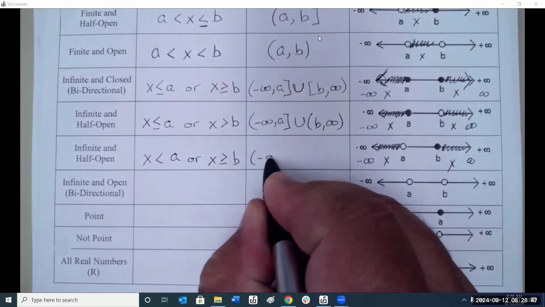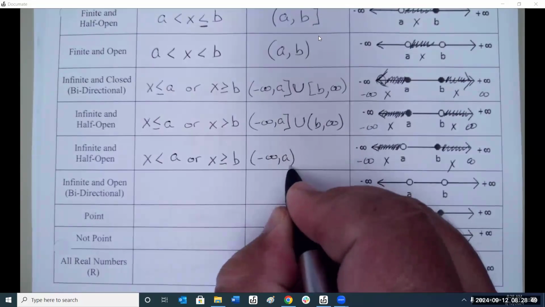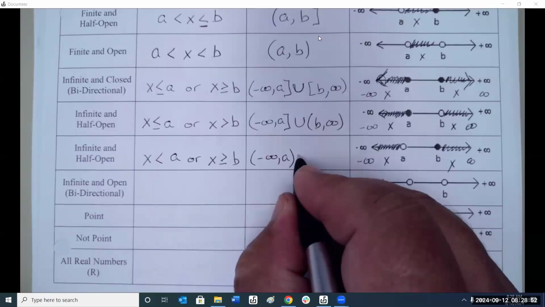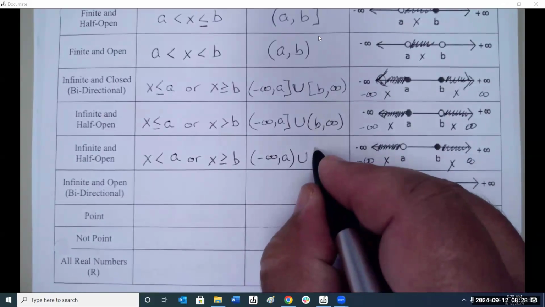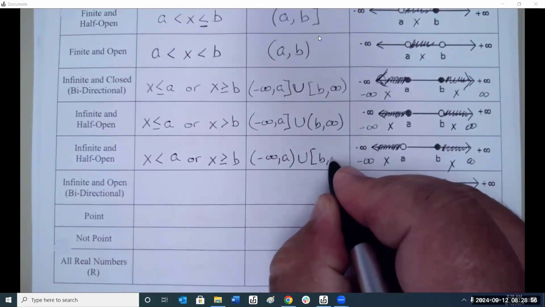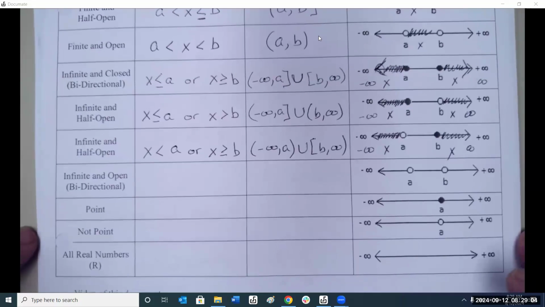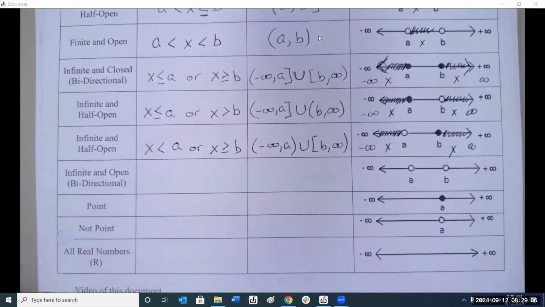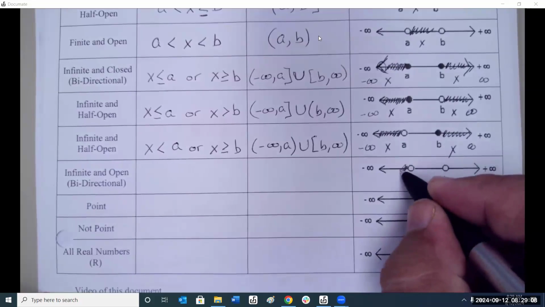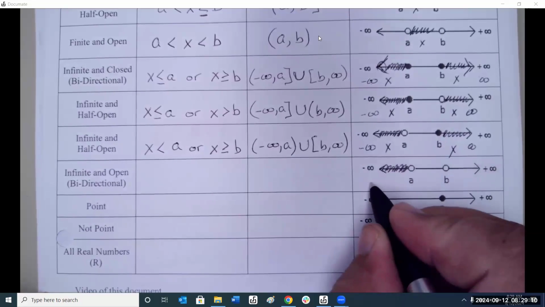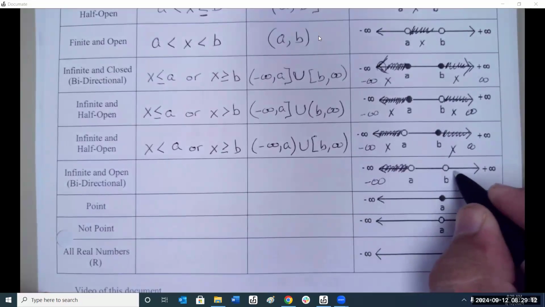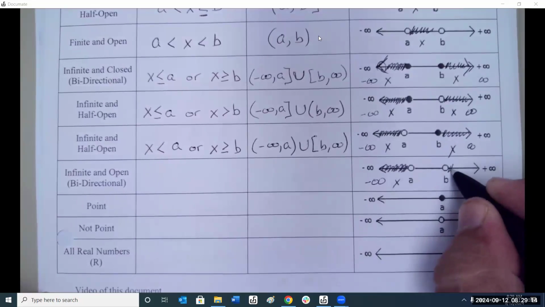We have negative infinity to a, parenthesis, union, since it's solid, it's a bracket, b to infinity.